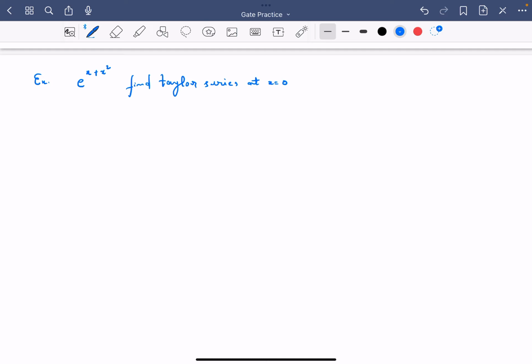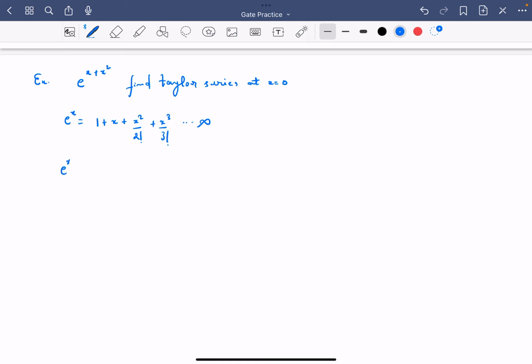Before solving this question, just use your mind. You don't have to take the derivatives. If you know the Taylor series expansion of e raised to x is 1 plus x plus x square by 2 factorial plus x cube by 3 factorial, so on till infinite.